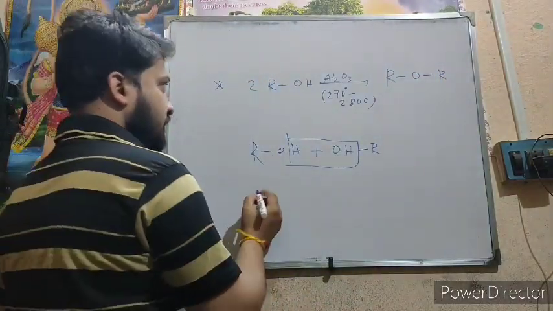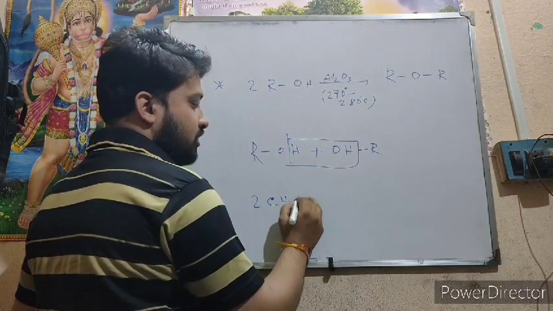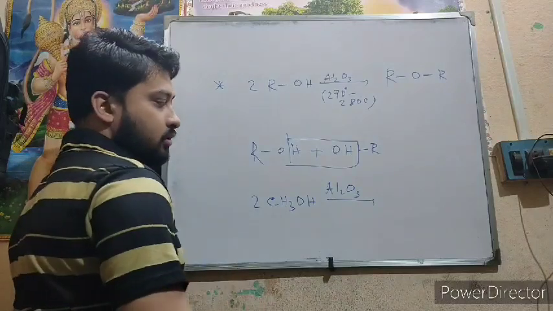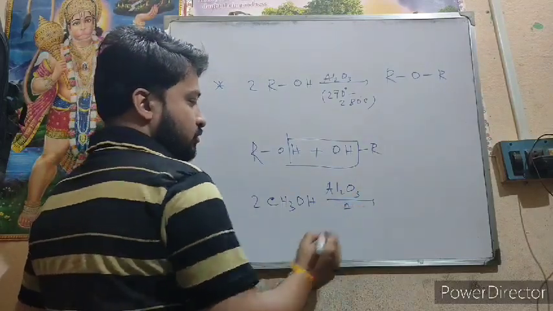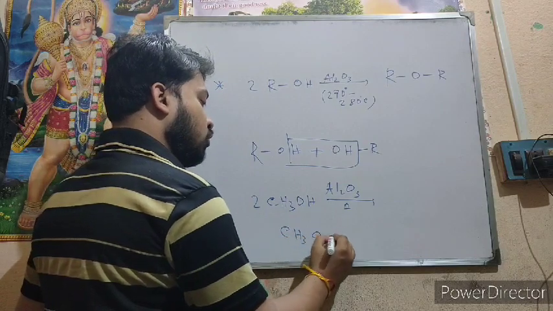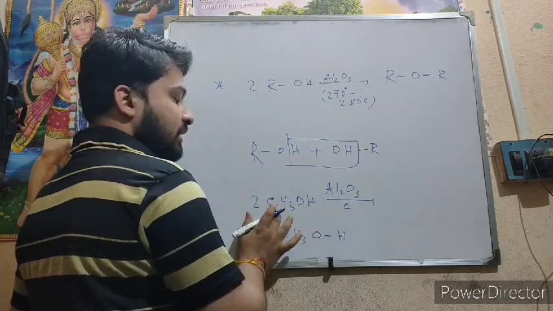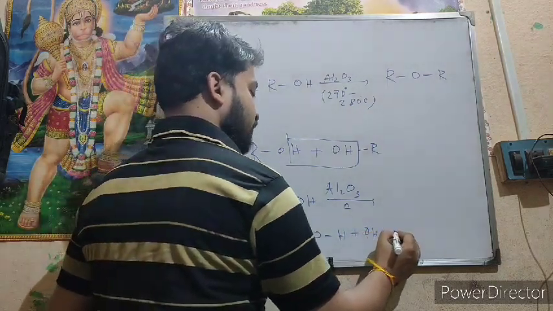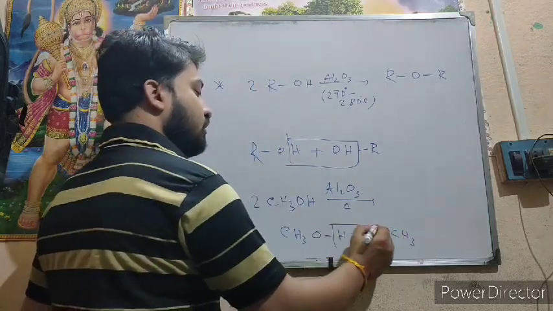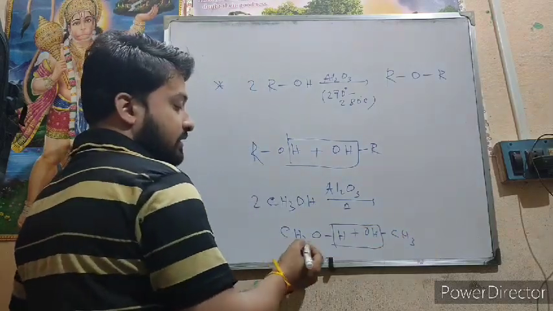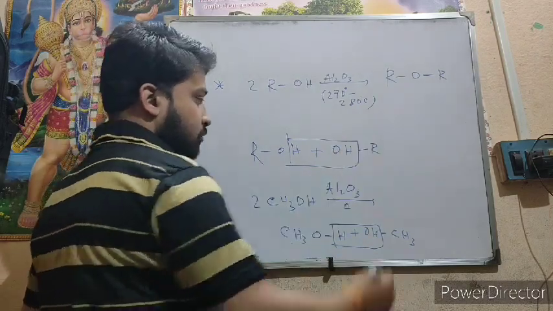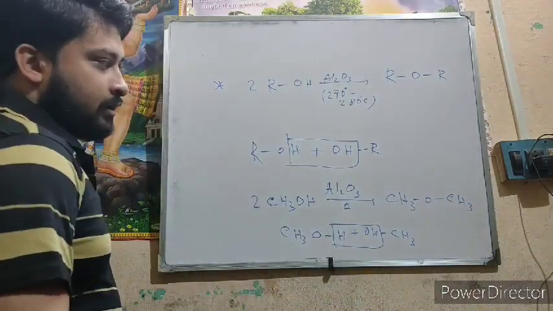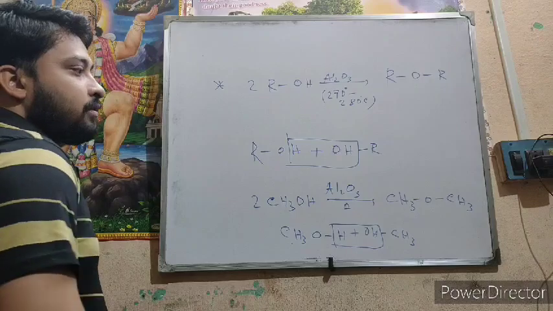In the same way, if you react CH3OH with Al2O3 and this heat, taking 2 moles of methanol to see what is removed, a water molecule is removed and the product is CH3OCH3, which is ether. This is the preparation of ether.